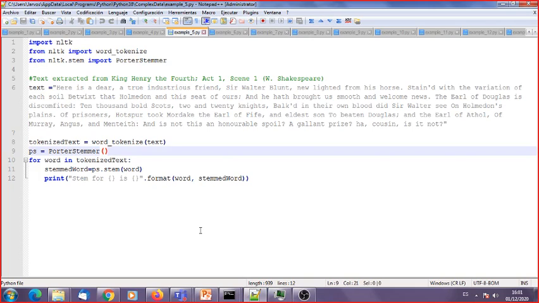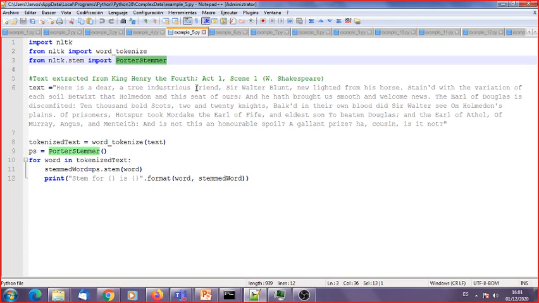For example, Porter stemmer, Snowball stemmer, or Lancaster stemmer. Depending on the strength, you want to use one or another. But in this case, we use Porter stemmer. It's a well-known stemmer in the state of the art.